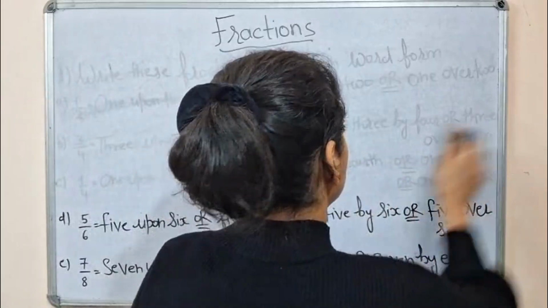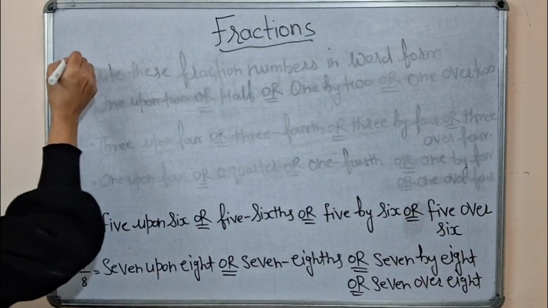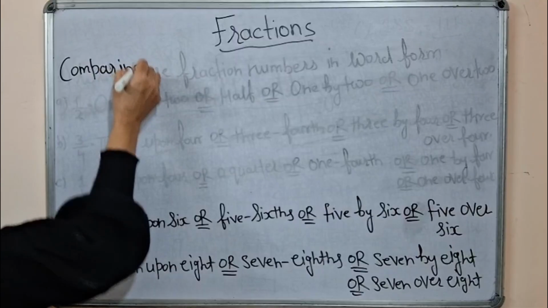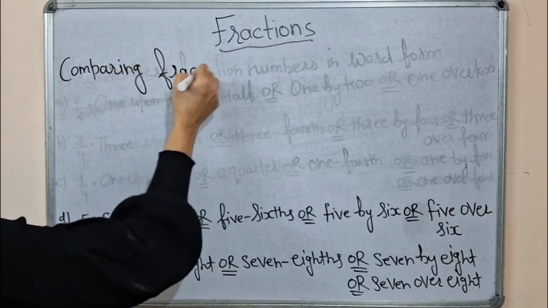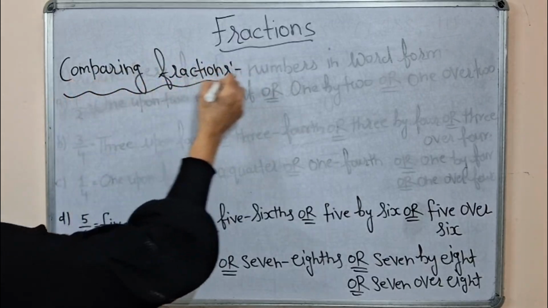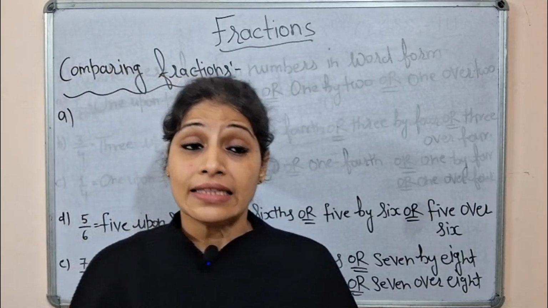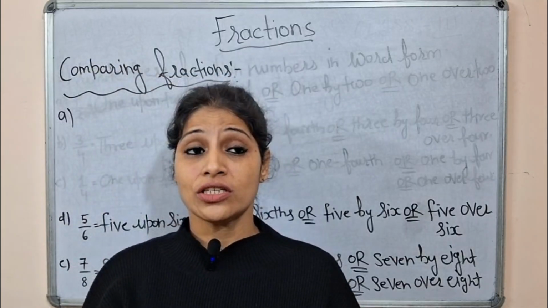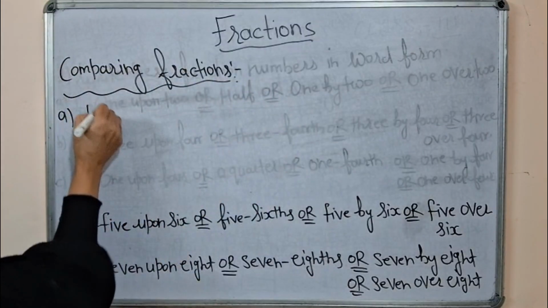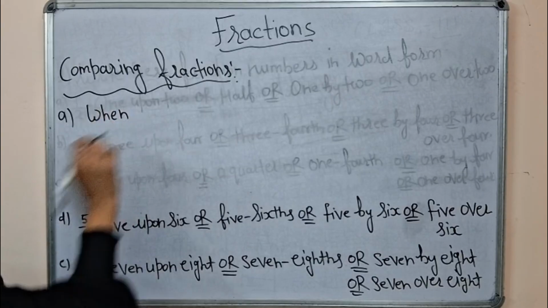Okay? So let's do that. So my topic is comparing fractions. Now, we need to understand that there are different types of fractions, so we need to follow different rules. When in fraction numbers, denominators are same.